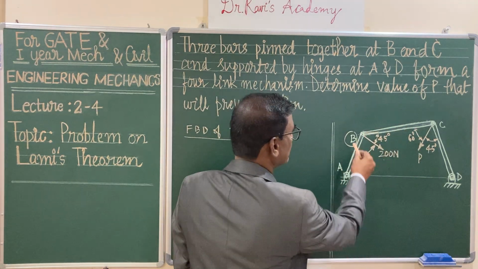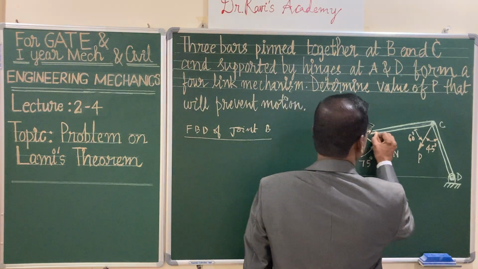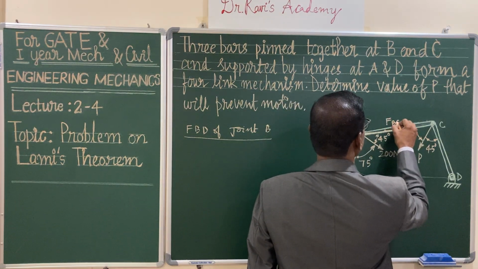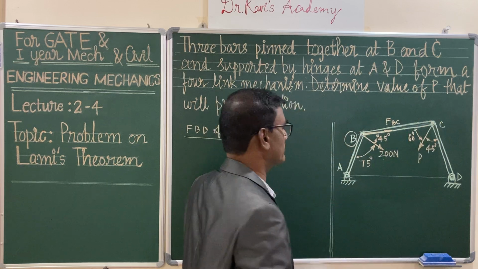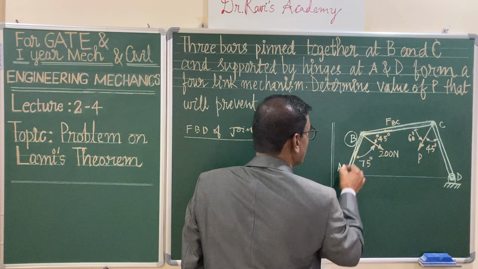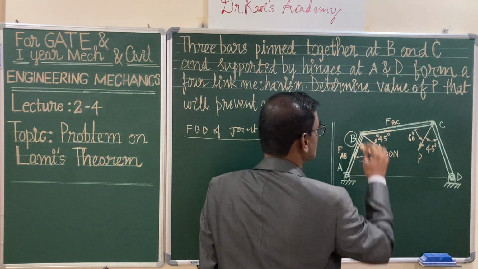Internal forces are developed in AB, BC as well as CD. So let us assume that the internal force in member BC is FBC. You have represented it away from the joint B. Similarly, the force in AB is represented away from the joint.